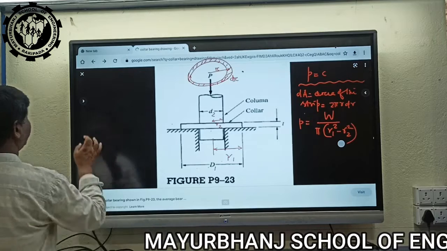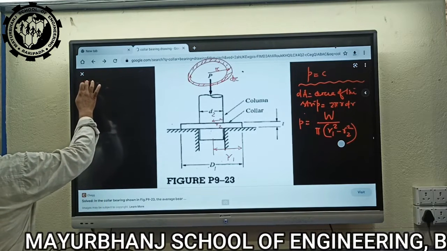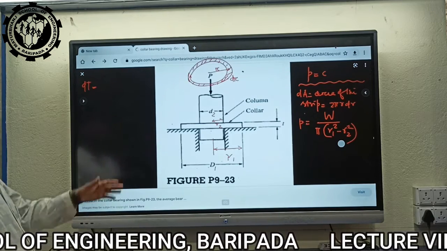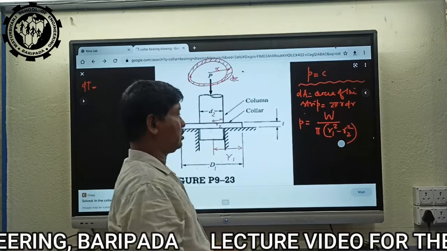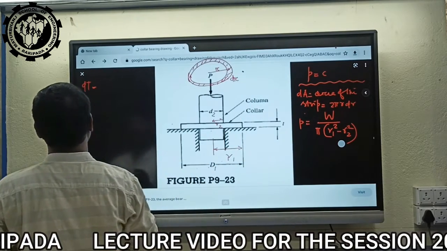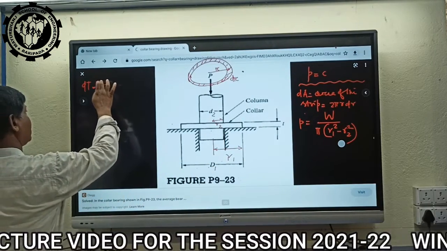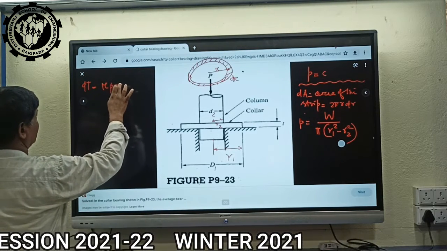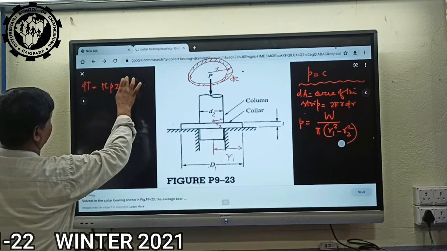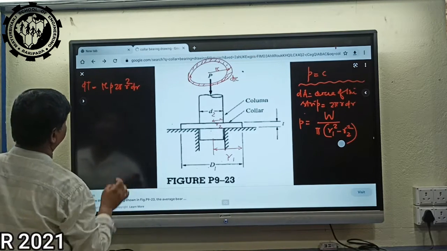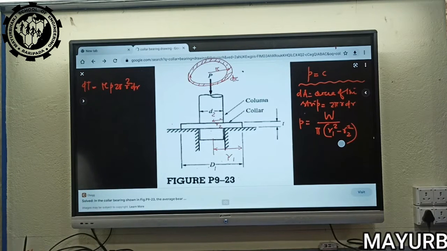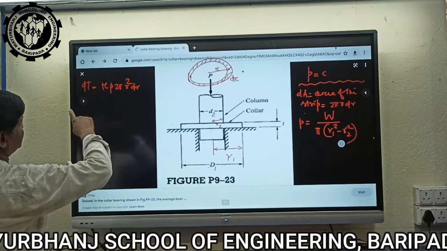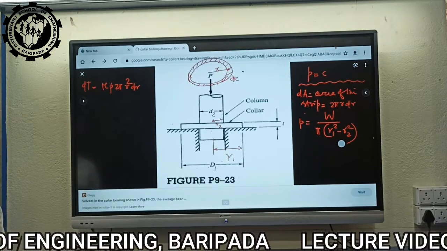Here dT is the same as for the flat pivot bearing. The dT formula is mu P 2 pi R square dr. It is the same. dT is the frictional torque lost in the elementary strip.